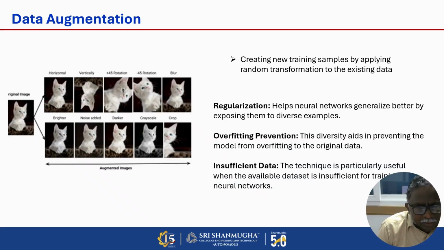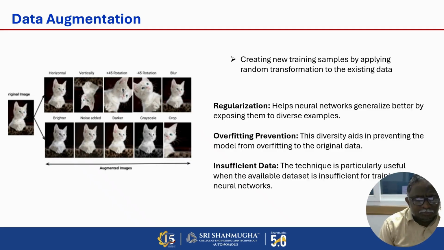The next one is data augmentation. So data augmentation is used whenever we have a small amount of data and we want to have a large number of samples. One way is that we can apply random transformations. If you have only one cat image, we can flip it horizontally, vertically, and rotate it at different degrees, and we can make it blurry, brighter, darker, add noise, and crop.